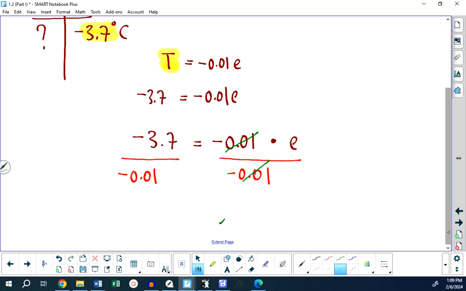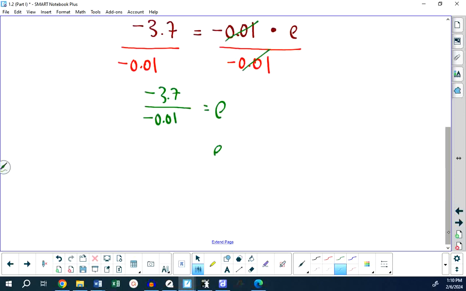So I get the elevation is negative 3.7 over negative 0.01. And you can work out what that is. 370. Okay. And that would be meters.